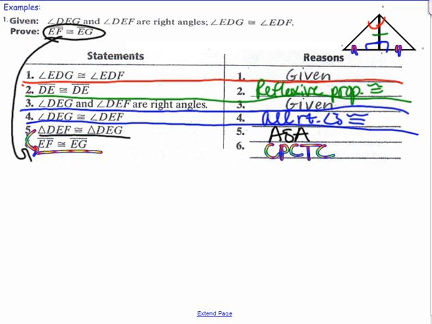Once I prove that these triangles are the same, I can say all their other parts are the same, all their other sides and all their other angles. So in this step, after proving the triangles congruent, they wanted EF and EG, but I could also use CPCTC for another angle or the remaining side.